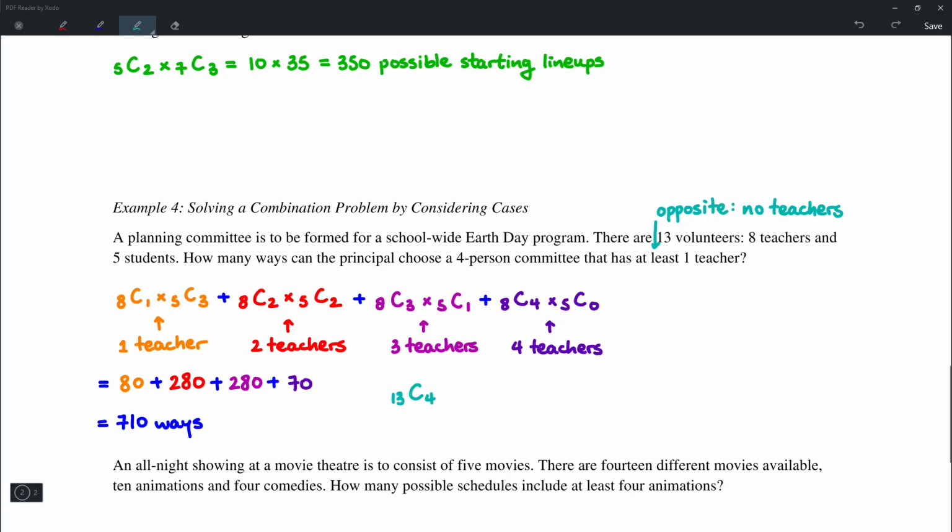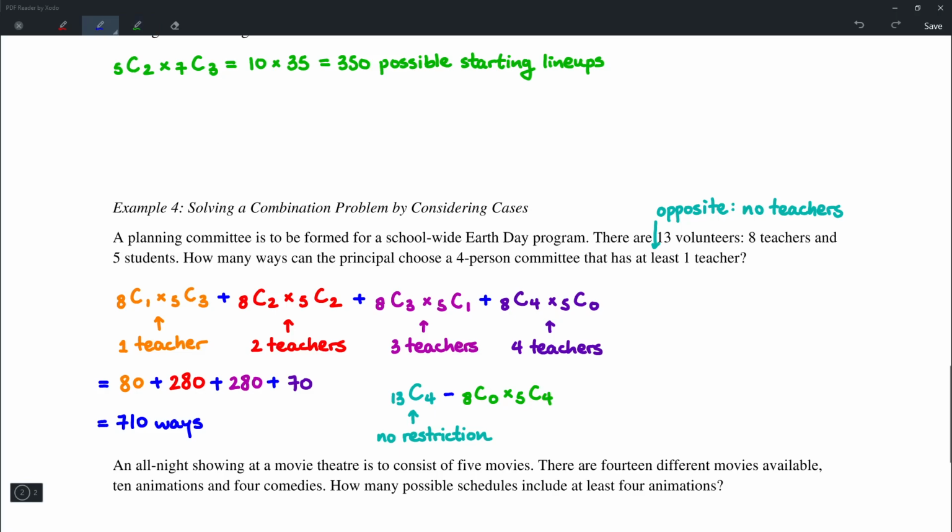What this is, is that we are forming committees as though there are no restrictions. So this is going to be all the possible committees, and we're going to subtract the possibilities that contain no teachers. So that would be 8 choose 0 times 5 choose 4.